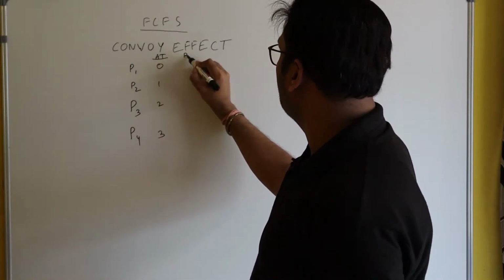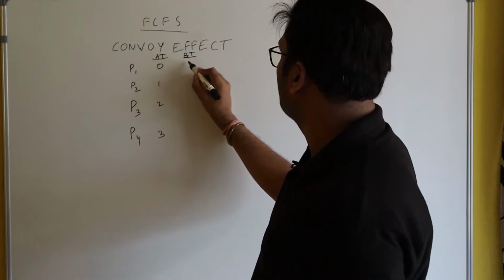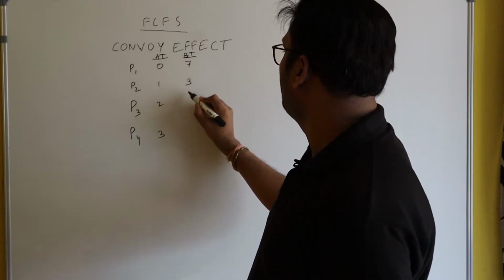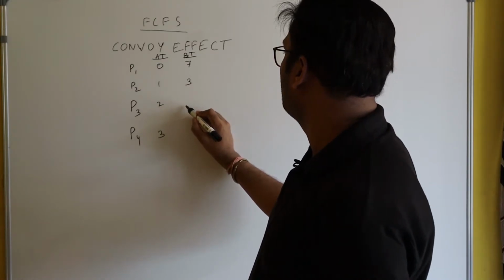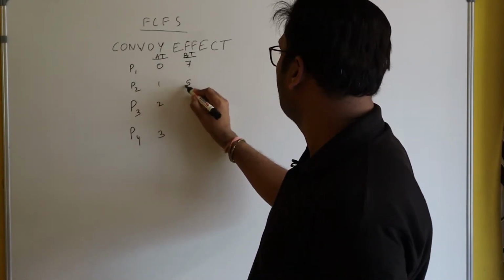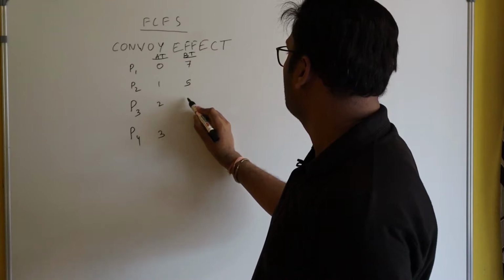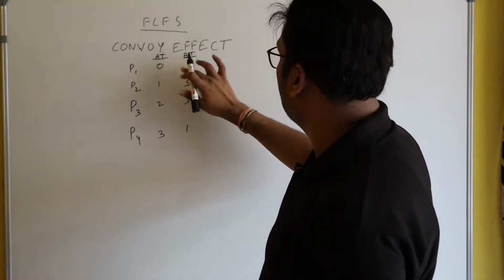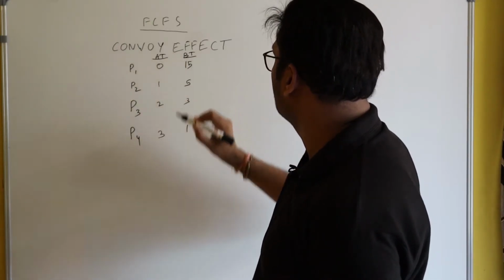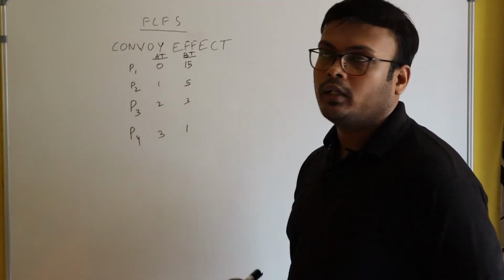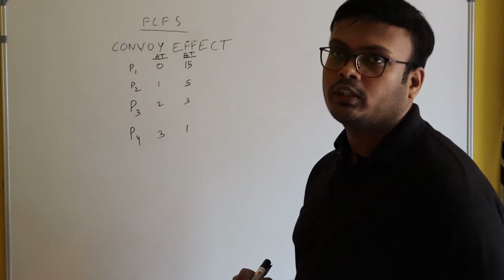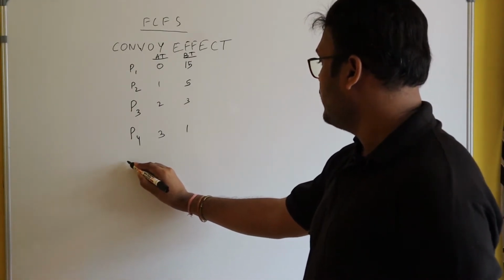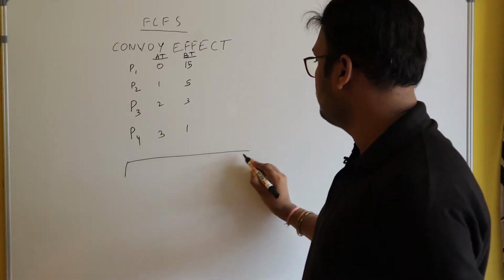And the burst times are, suppose, P1 has 15 seconds, P2 has 5, P3 has 3, and P4 has 1. So here, if we apply first come first serve algorithm, then see what will happen. Let's draw the Gantt chart.